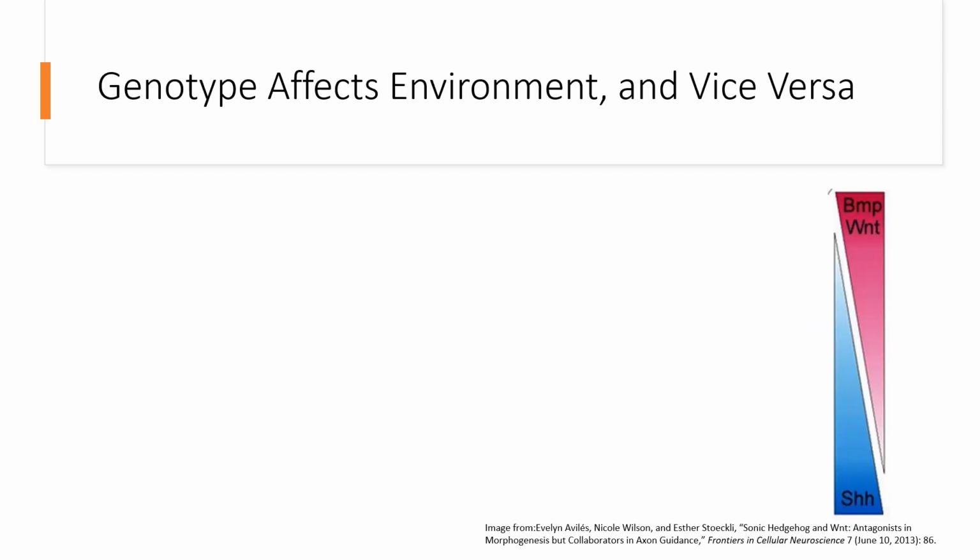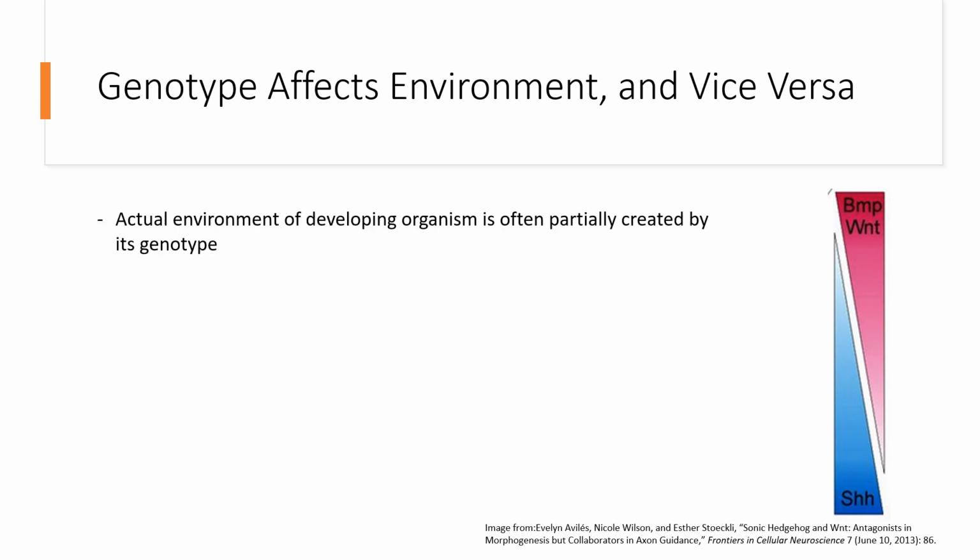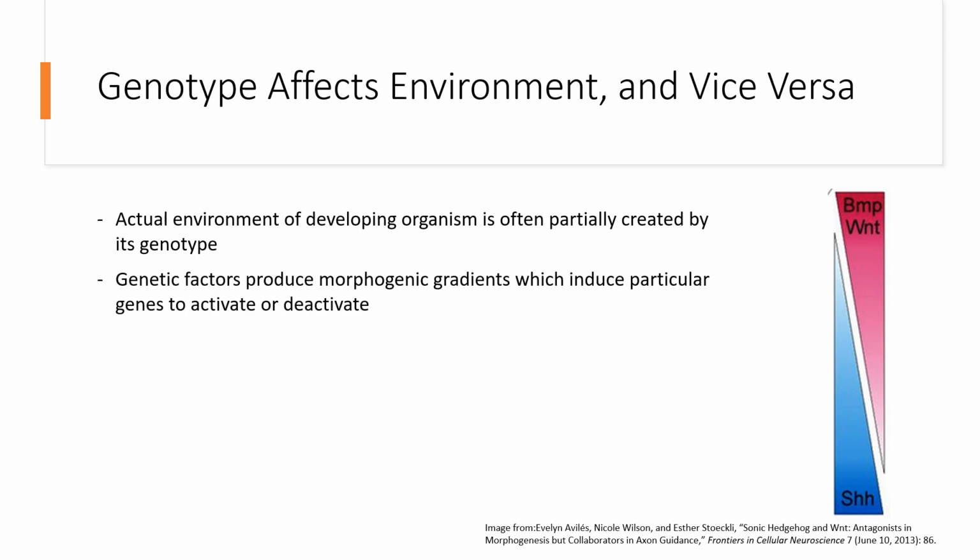One more important way that genotype and environment can interact is through the effect that genotype can have on an organism's developmental environment. In fact, the actual environment of a developing organism is often partially created by and somewhat dependent upon its genotype. One clear example is the many different morphogenetic gradients present during development that cause some genes to activate or deactivate.